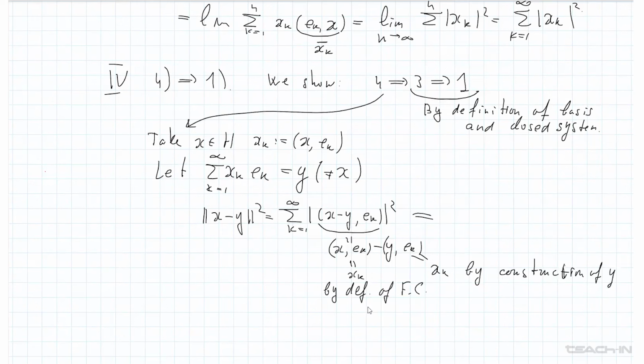So it is 0. From the Parseval equality, we know that x equals y. So that's all for the theorem.